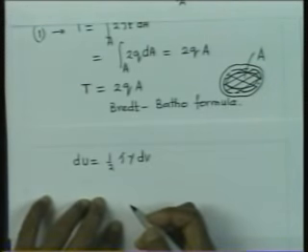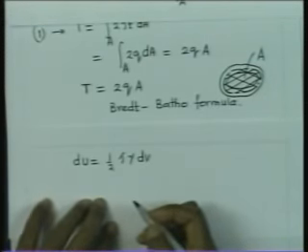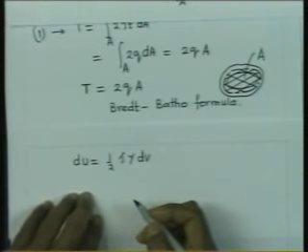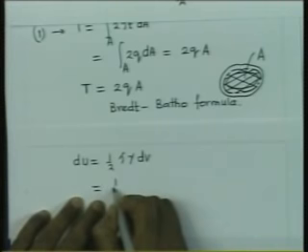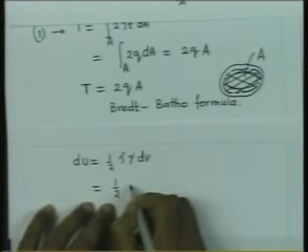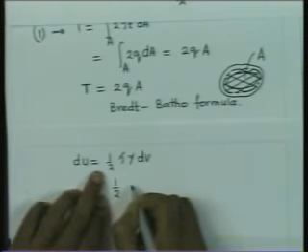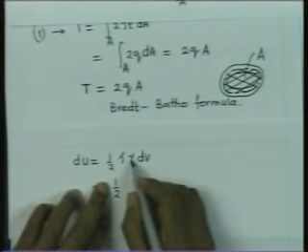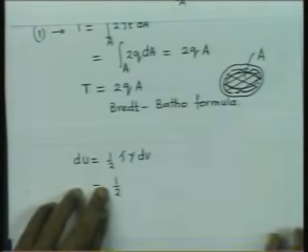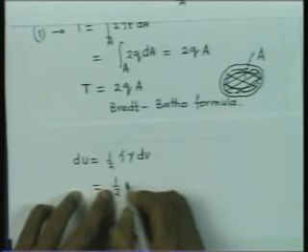Here you will find that shear stress is constant at a particular location on the circumference of the section, and therefore, we can now make use of the Bredt-Batho formula. We can write the shear stress, and again we can also write the strain in terms of the torque using the Bredt-Batho formula that we have derived.